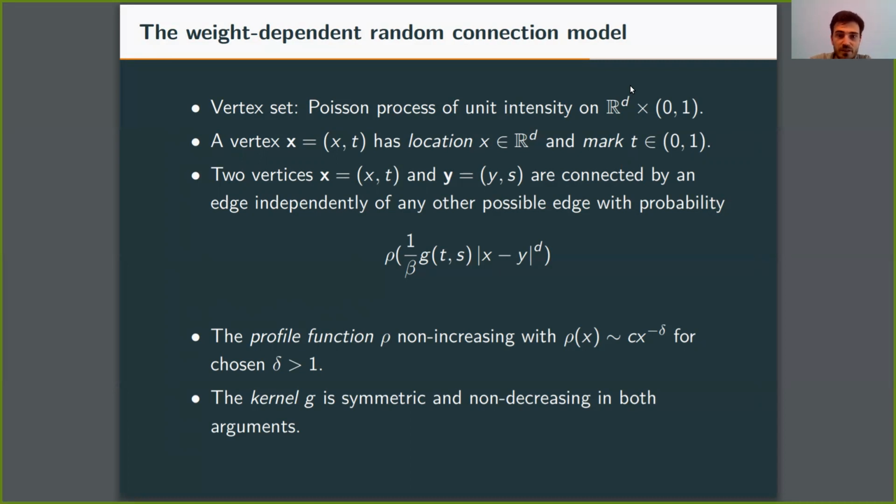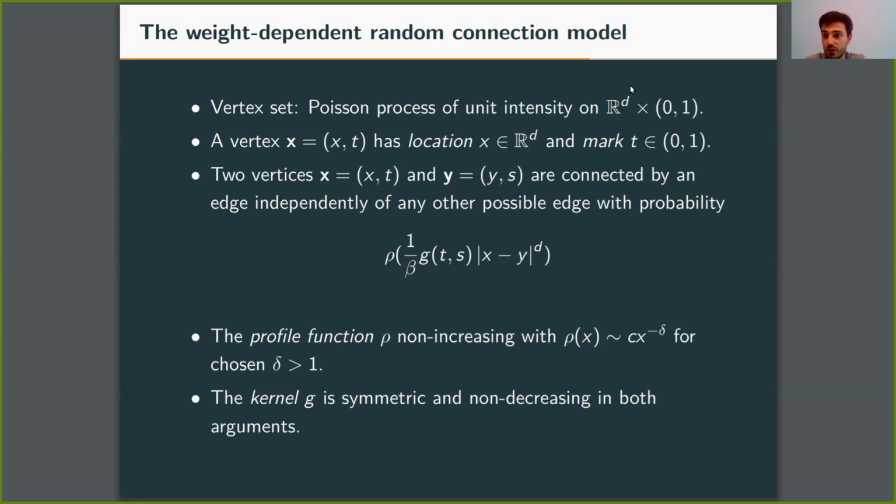As t and s are drawn uniformly on the interval 0, 1, the typical connection probability scales as the Euclidean distance to the power minus d delta. So with this delta term, we are able to control the appearance of long edges in our model.